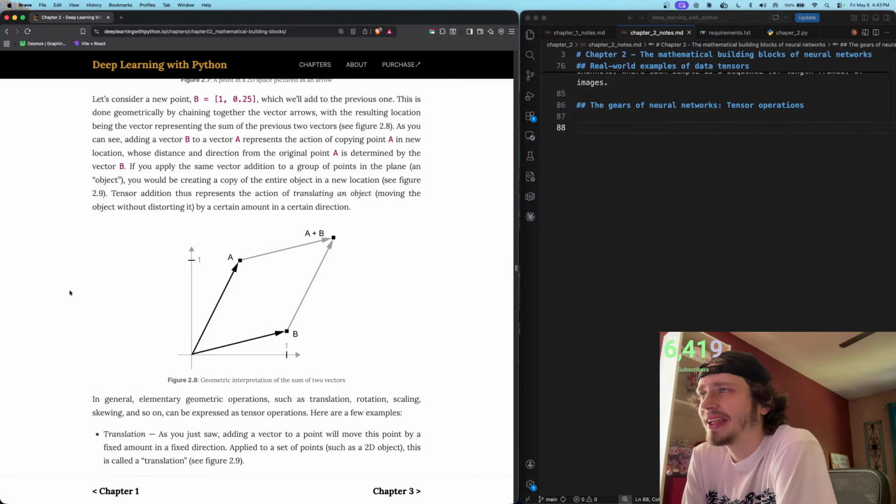As you can see, adding a vector B to vector A represents the action of copying point A into a new location, whose distance and direction from the original point A is determined by the vector B. If you apply the same vector addition to a group of points in the plane, an object, you would be creating a copy of the entire object in a new location. Tensor addition thus represents the action of translating an object, moving the object without distorting it, in a certain direction.